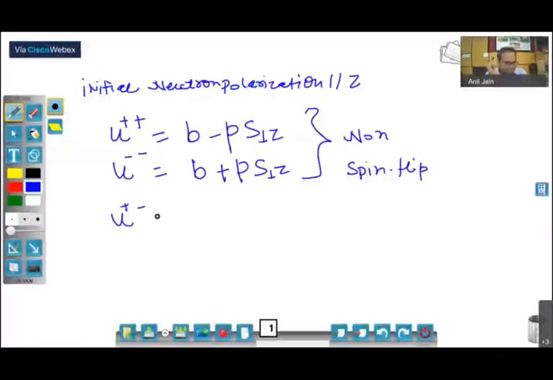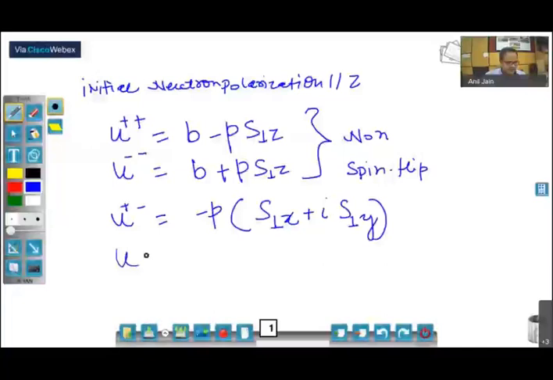So we are describing the spin flip process, and this can be written as minus P. Here P is the magnetic scattering amplitude, and we are assuming that the initial neutron polarization is along the z direction, plus iota S perp.